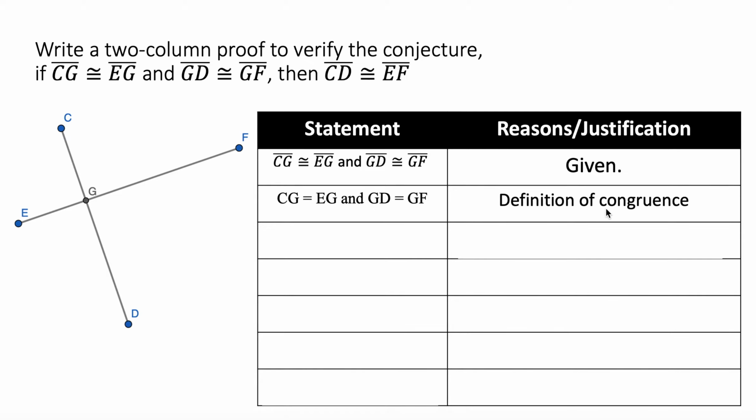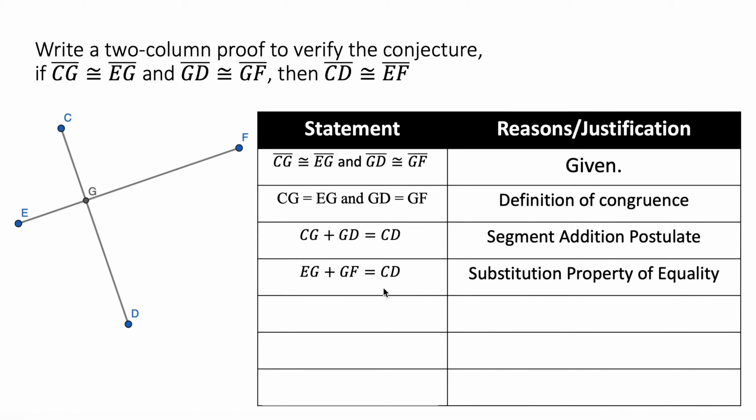That's our definition of congruence. Then we'll use our segment addition postulate on this segment here. CG plus GD equals CD. But now, because we have CG as EG and GD as GF, we'll replace them using this substitution.